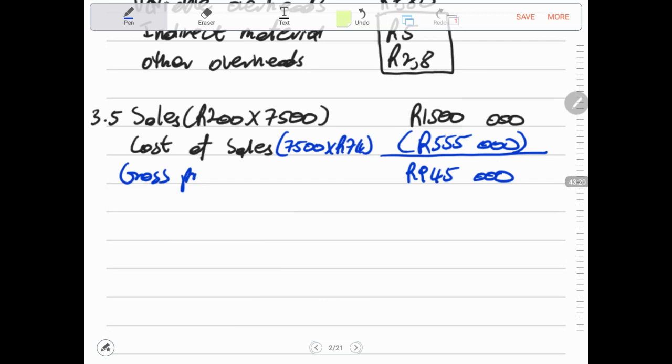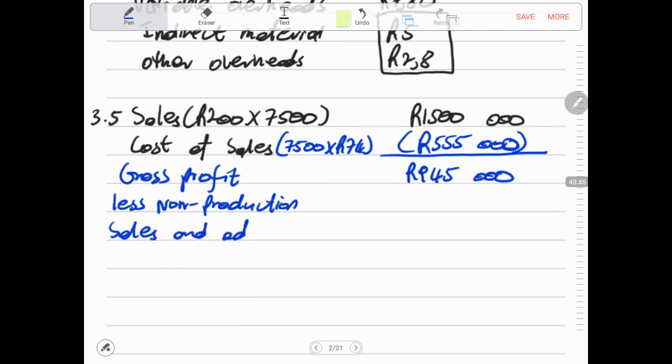I'm just showing you the bigger picture. Also, when you arrive in second year, know that we'll be accounting for cost of sales in the manner I've shown you previously. Then after, we say less other expenses or less non-production cost, or non-manufacturing cost. We had sales and administration cost. We don't have to split them into fixed and variable.